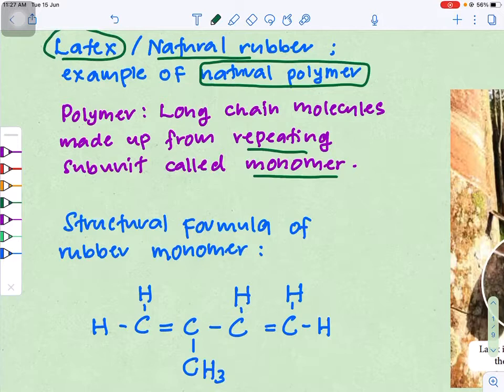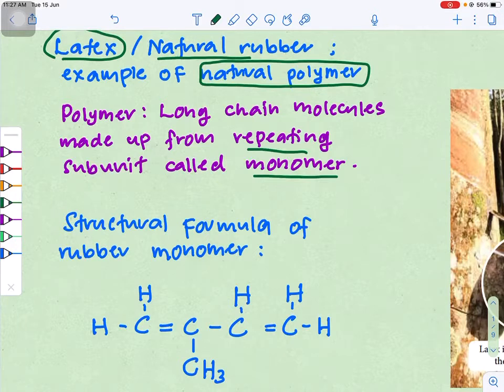It is formed when we have the repeating subunit, which has a special name, a monomer. In a simple way, we can say a polymer is like a very long train, made up from repeating carriages. The carriage is the monomer, and the train is the polymer.